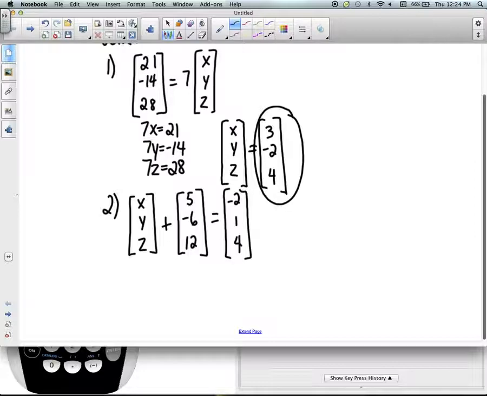So in this type of equation, we, again, could make 3 separate equations, but really all you're going to be doing is subtracting that matrix from the other one. So another option would just be to show the subtraction.